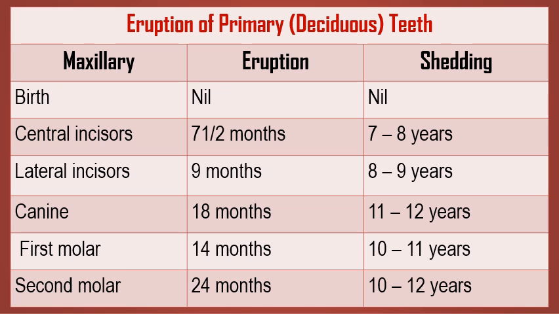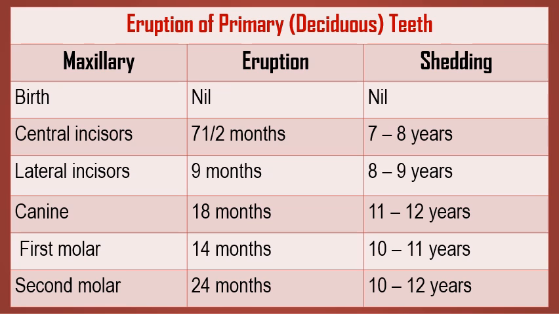Lateral incisors will erupt at 9 months of age, and the shedding time period is around 8 to 9 years. The canine teeth you can see in children at around 18 months, that is 1 year and 6 months, or 1.5 years, and the shedding will be around 11 to 12 years of age.